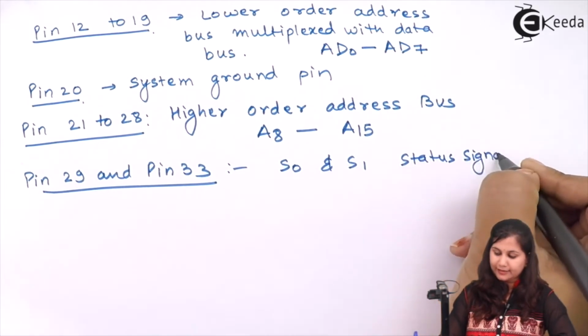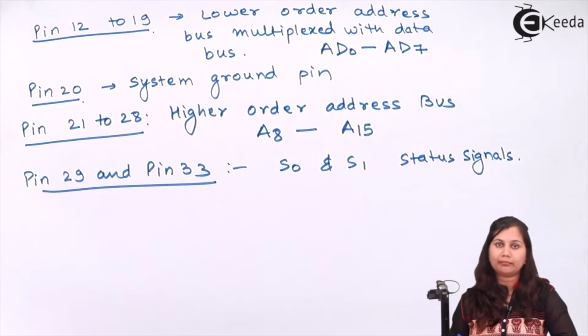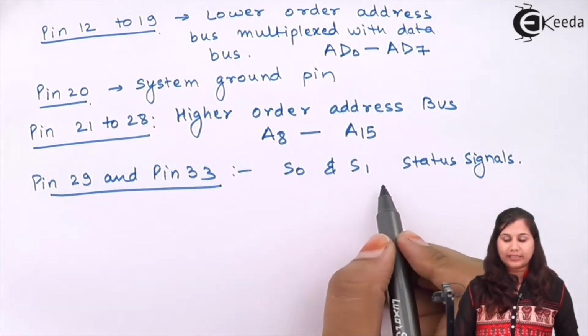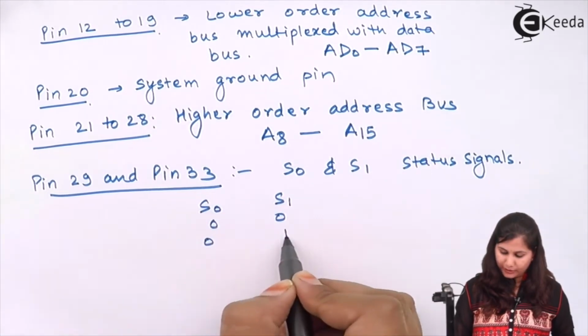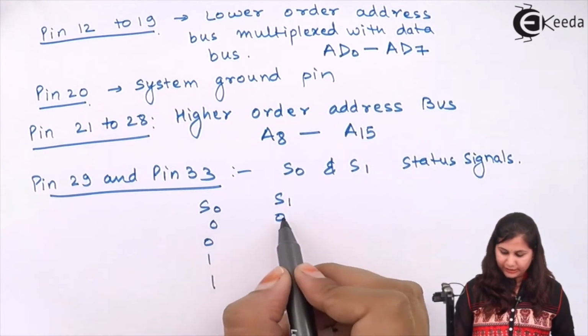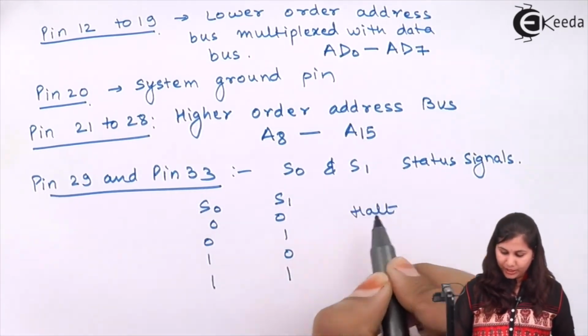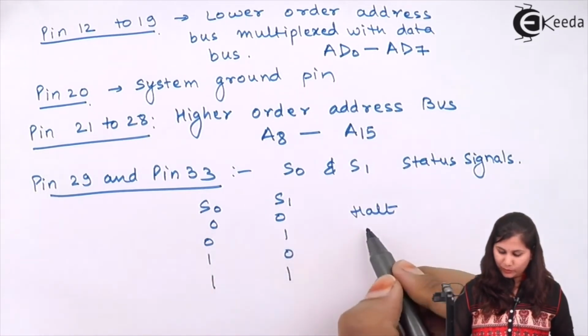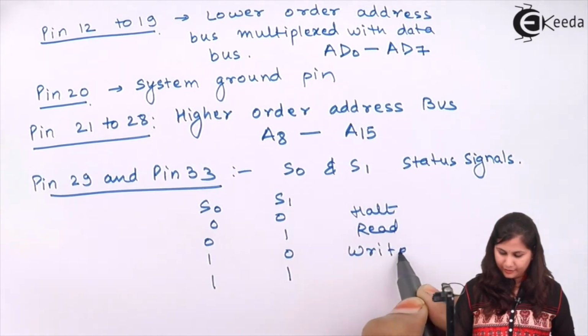These status signals define what type of operation is being performed by the microprocessor. So these S0 and S1 can be 0 0, 0 1, 1 0 and 1 1. So when S0 and S1 are both 0, then it is a halt state. When S0 is 0 and S1 is 1, it is read, write and fetch.